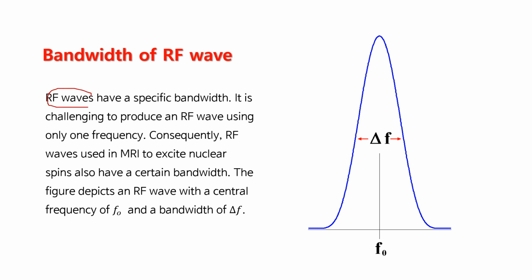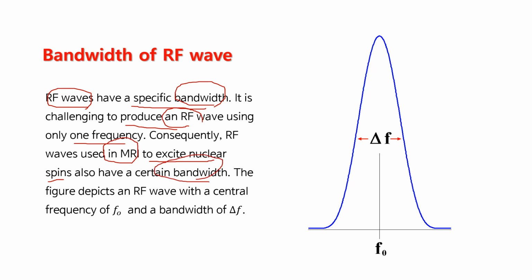RF waves have a specific bandwidth. It is challenging to produce an RF wave using only one frequency. Consequently, RF waves used in MRI to excite nuclear spins also have a certain bandwidth.